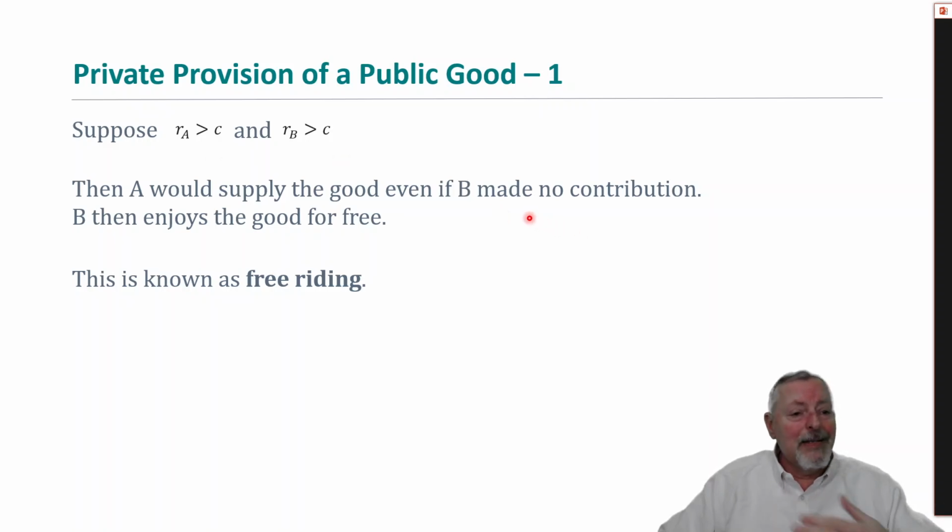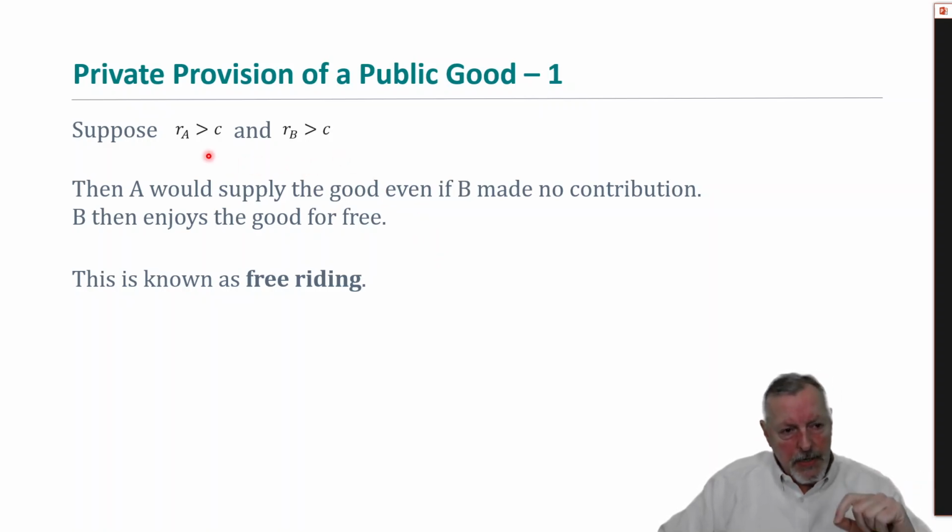If B did not exist, person A would buy it. Let's say it's a fireworks show. It costs $1,000, C. Person A thinks being able to look up at a fireworks show is worth $1,500. Person A will buy that fireworks show. Doesn't care who else is going to look up and enjoy it. Doesn't care how much other people value it.